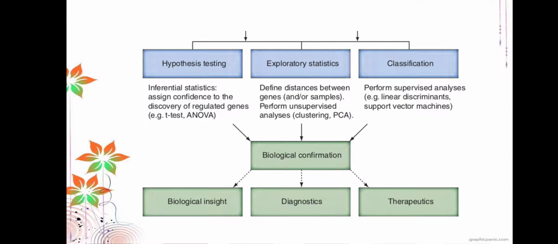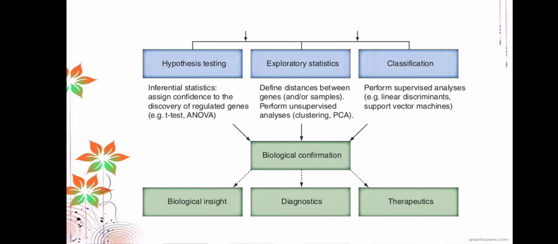You can also do classifications, so perform supervised analysis like linear discriminants, support vector machines, etc. Actually, recently I have seen papers that have been using machine learning strategies to look at gene expression data analysis.